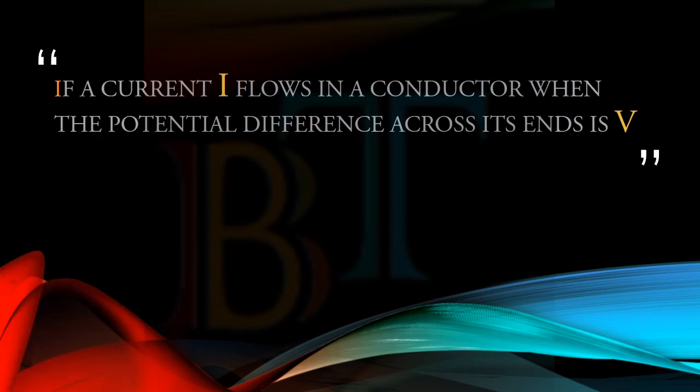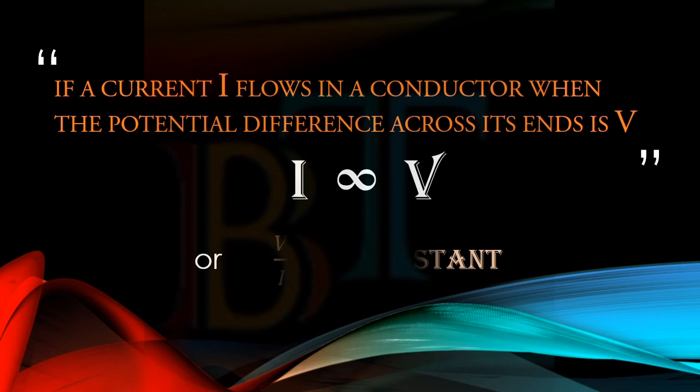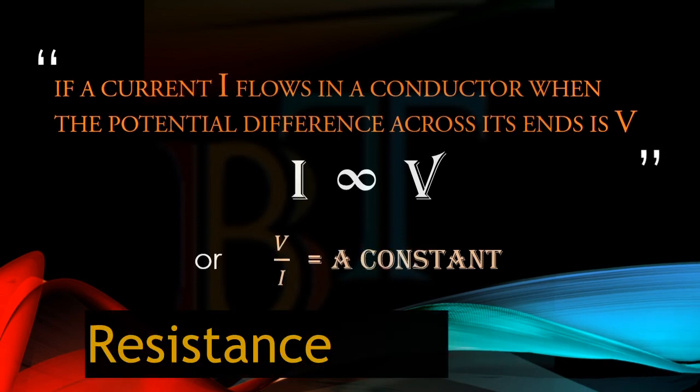That is, if a current I flows in a conductor when the potential difference across its ends is V, then according to Ohm's law, I is proportional to V, or V by I is a constant. This constant will be equal to the resistance of the conductor.